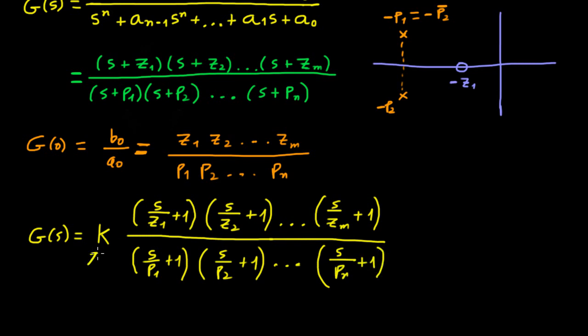What value is this k? Obviously, k is the static gain of the system. But now we have it directly in the expression.